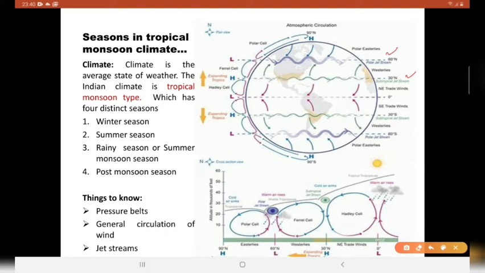These jet streams are high speed westerly winds blowing near the tropopause in both hemispheres. These jet streams as well as pressure belts keep on shifting northward and southward depending upon the movement of the sun from Tropic of Cancer to Tropic of Capricorn or vice versa through the equator.